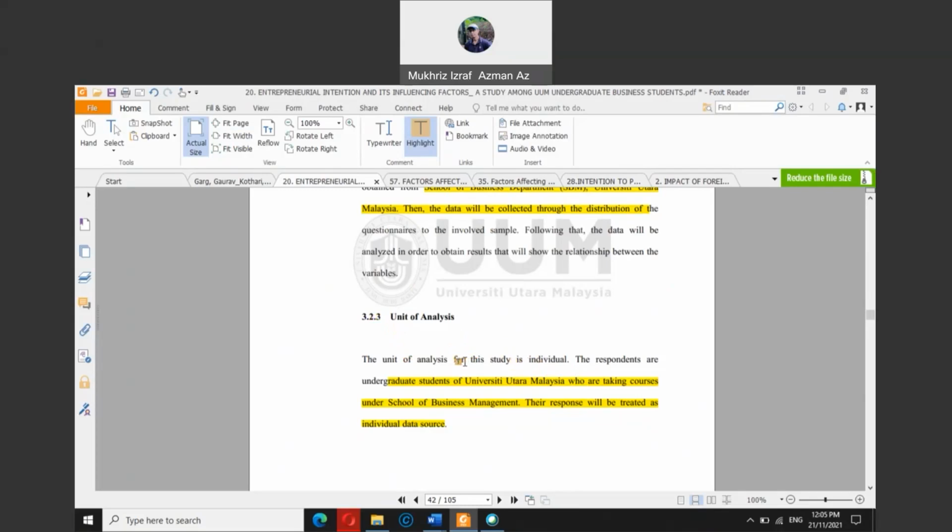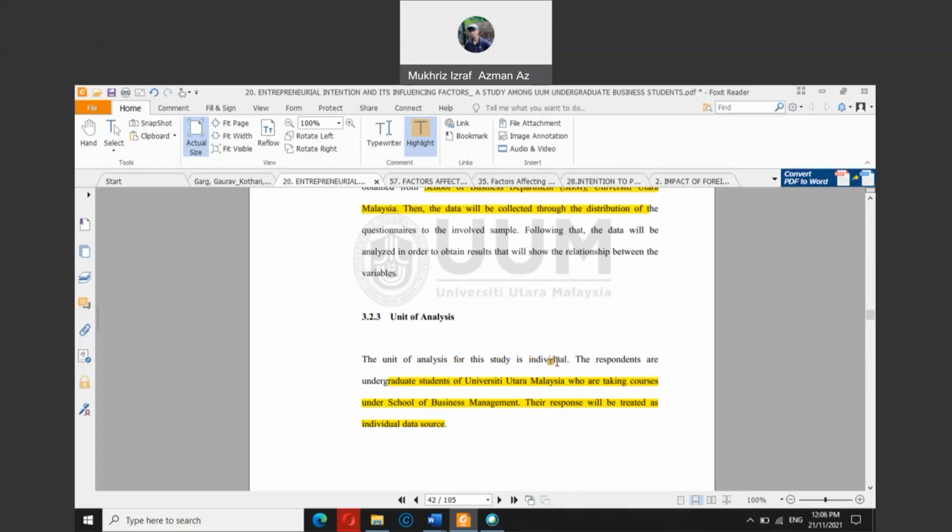Okay, if you're focusing on students, for example the B40 people, of course it is still at the individual level, because you are asking those who belong to, or get income that falls under, the category of B40.